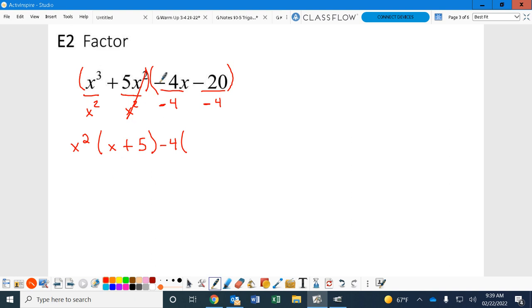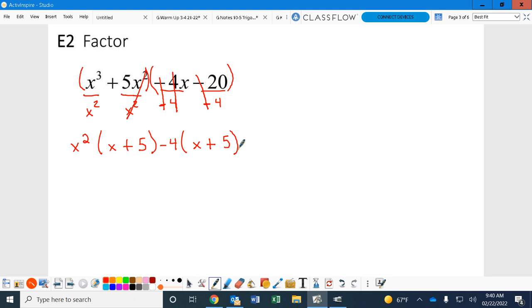Guys, negatives cross out, the 4's cross out. What's the only thing left here? X. X is the only thing that's going to be there. Then on the next one, the negatives cross out, so I've got to put a plus sign. And 20 divided by 4 is going to put us at 5. Guys, do you see they matched now?